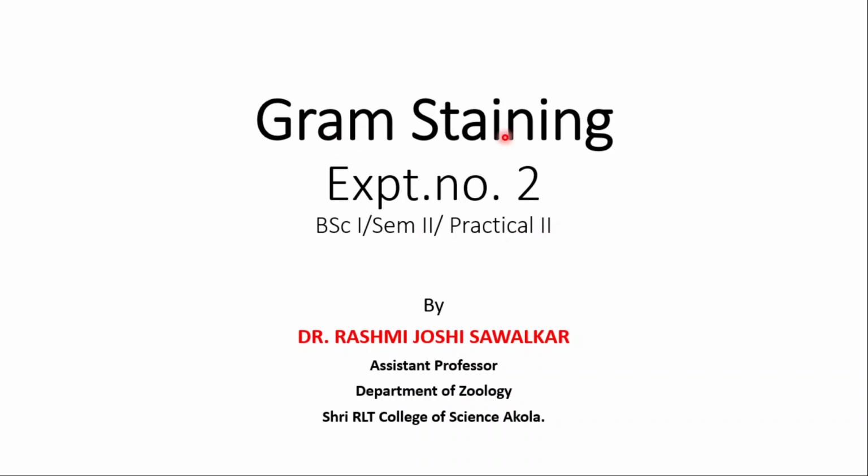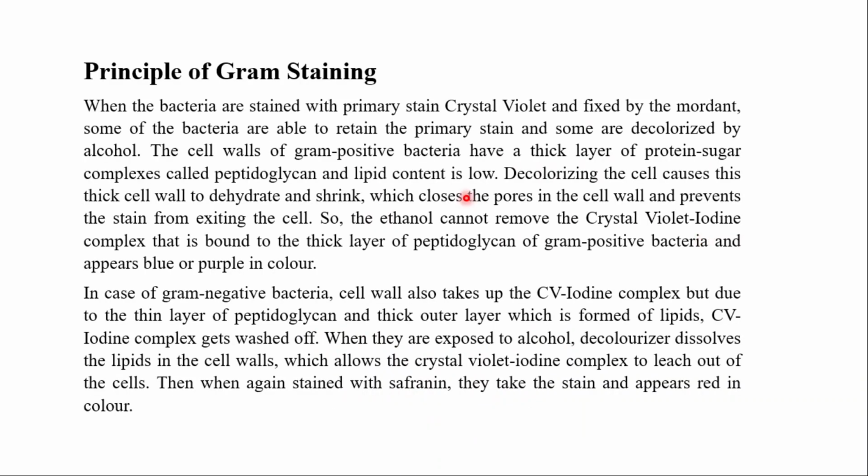So let's see what gram staining is. Principle of gram staining: when the bacteria are stained with the primary stain, crystal violet, and fixed by the mordant, some of the bacteria are able to retain the primary stain and some are decolorized by alcohol. Friends, I want to explain here first that bacterial cells are stained.